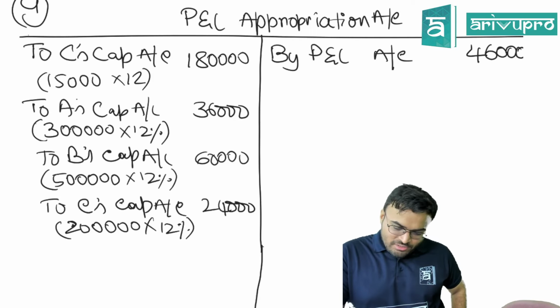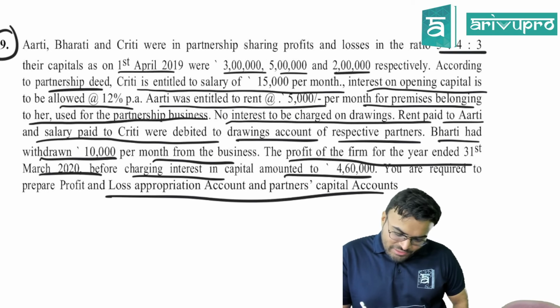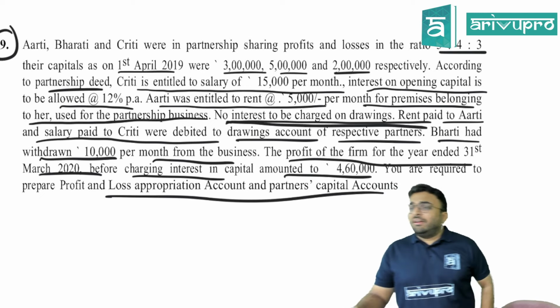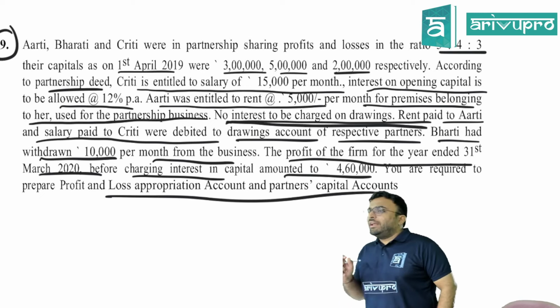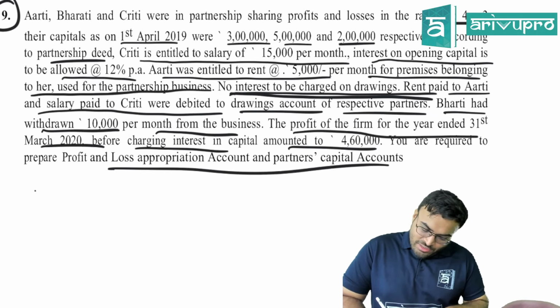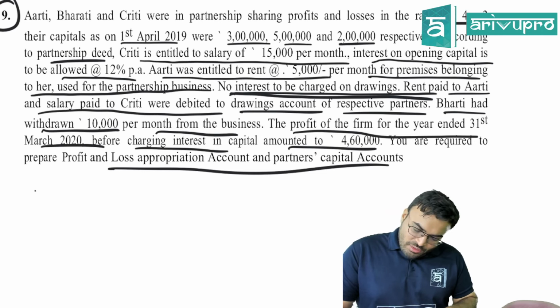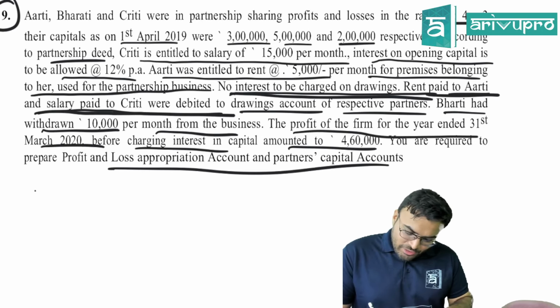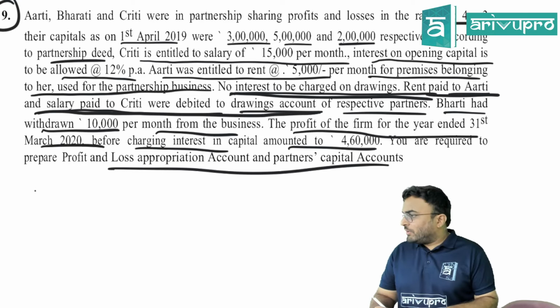Yes. So here, understand this, what they have done. If you pay rent, see what they told, no, where was that mistake? Rent paid to Aarti and salary paid to Kriti were debited to drawings account.